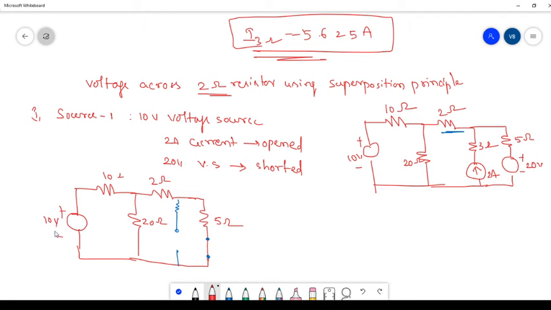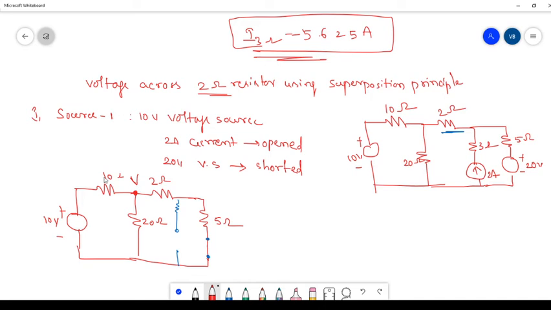This is the 10 volts source. We need to find the voltage across the 2 ohms resistor, which is very simple by applying nodal analysis.